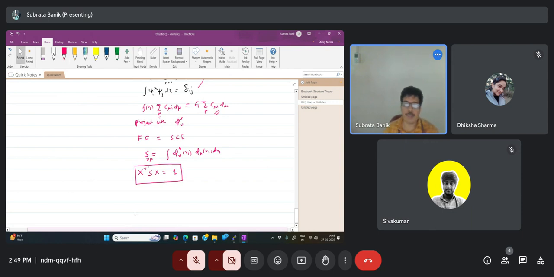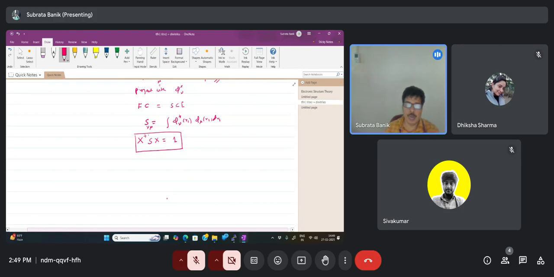And then what did we do? In this transformation, we have defined a matrix C transformed with X. How do we get X? X is a matrix that makes S orthogonal, right?